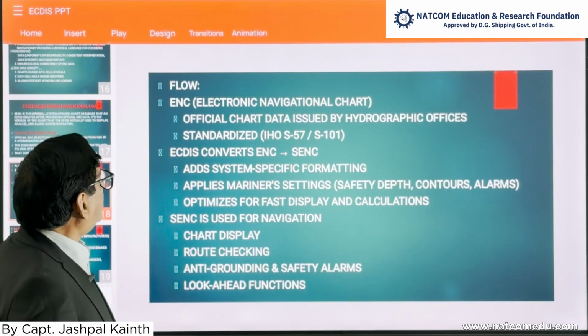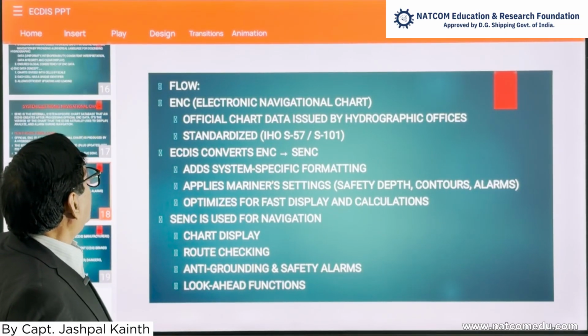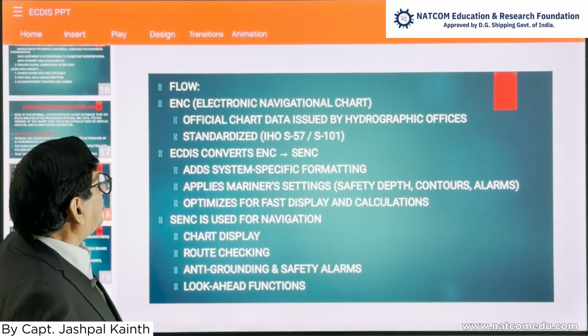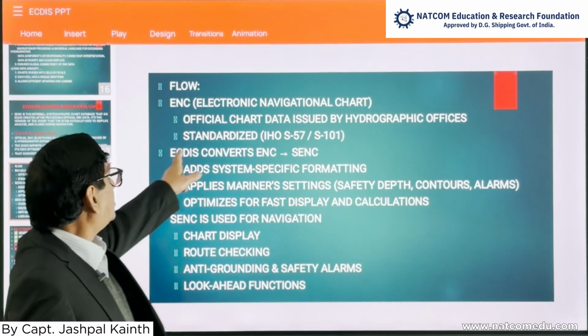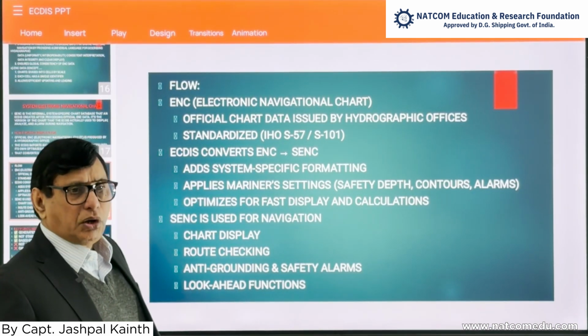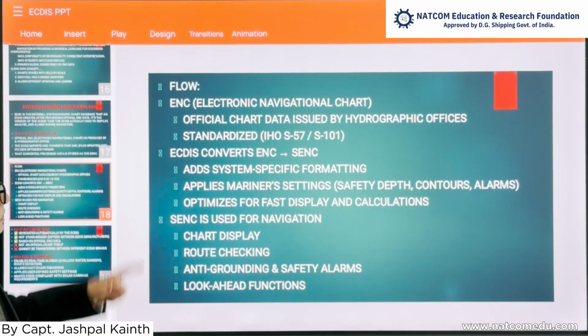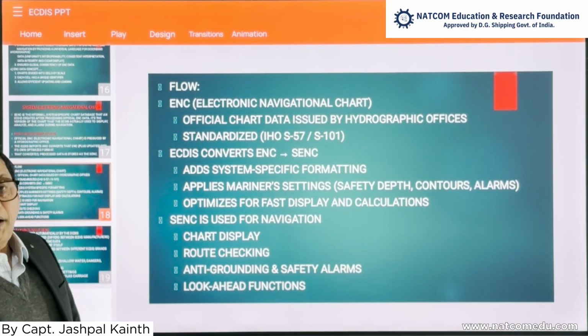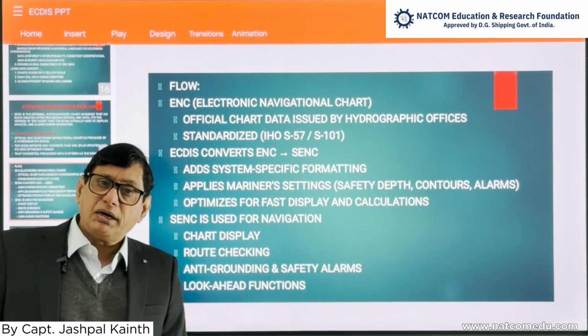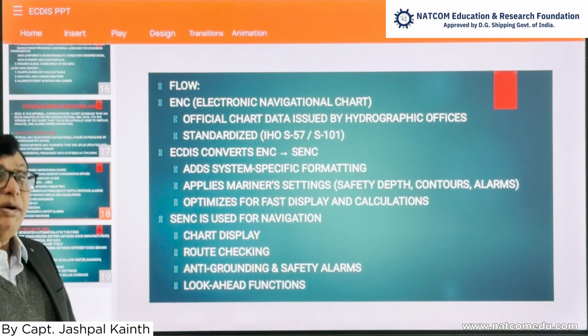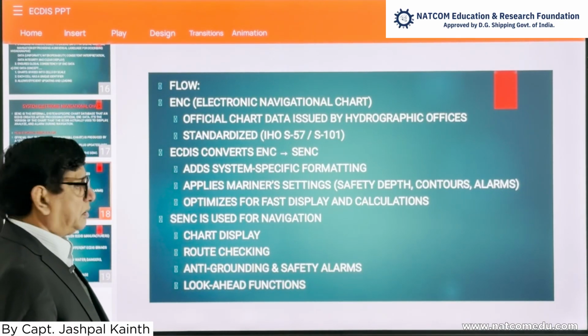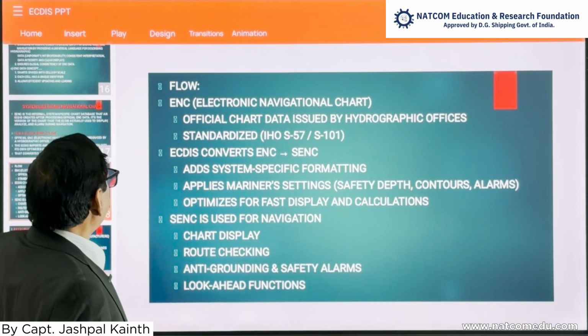Now, ENC electronic navigation charts are official chart data issued by the hydrographic office, and are based on the IHO standard S57. That means all ENCs must be S57 compliant, and in the future we are going to get S101, which will be a better version of S57.